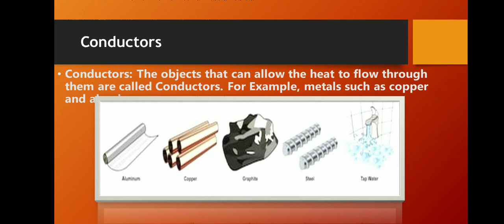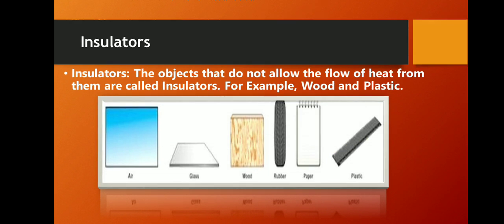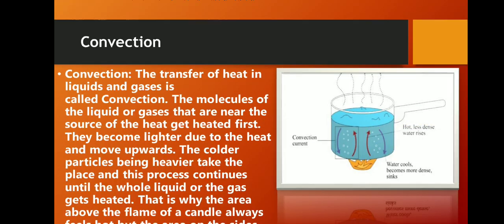We can say insulators. Examples of conductors are copper and aluminum, while examples of insulators are wood and plastic, right?